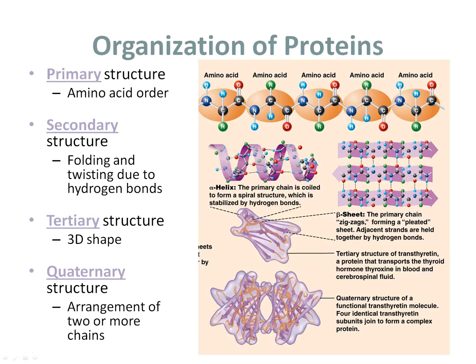And quaternary structure is when we have more than one protein that comes together into a larger molecule. An example of this is hemoglobin. There's 4 protein chains that come together to make the overall hemoglobin molecule. That's quaternary structure.